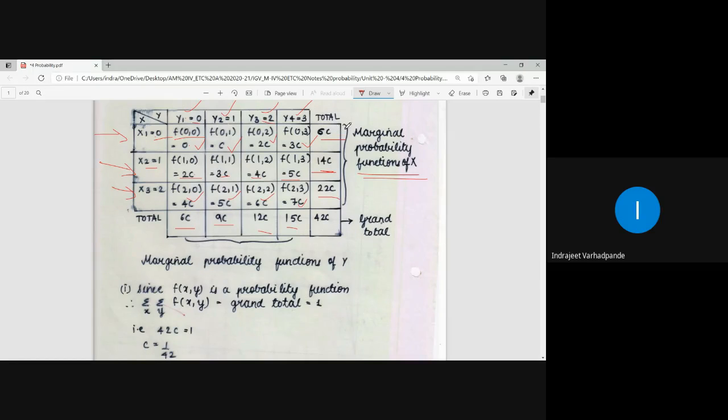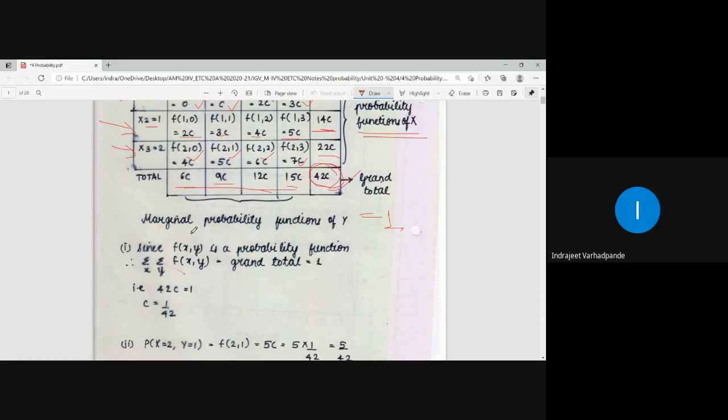I told you that horizontally and vertically, the addition should always be equal, and it is equated with 1. So 6 plus 14 is 20, 20 plus 22 is 42. Similarly here also, if you add them together, your answer will always come out as 42c.